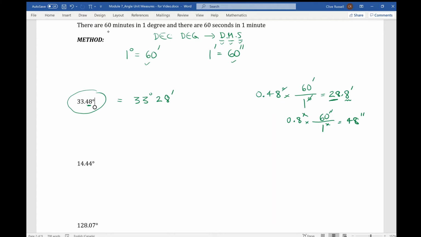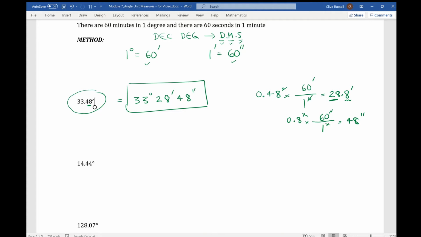So now the 48 seconds, we move right here, we get 48 seconds, and that's our answer. So we know that 33.48 degrees is 33 degrees, 28 minutes, and 48 seconds.